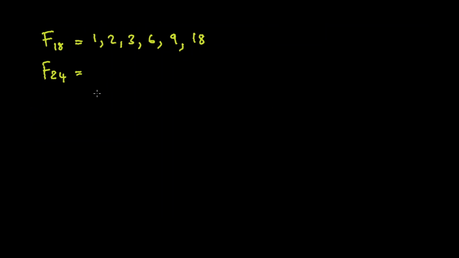Yeah, makes sense. Kopana 24, 1, 2 anopinda, 3 anopinda, 4 anopinda, 6, 8, 12 ndio half, then 24, like that. Take note they are all whole numbers.